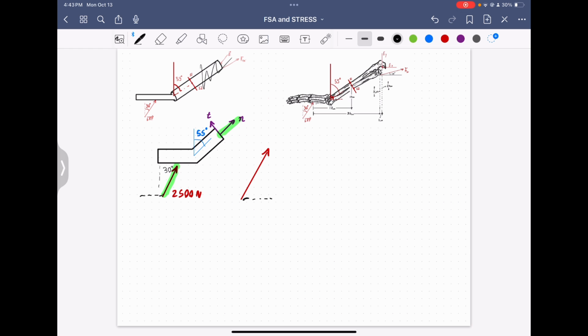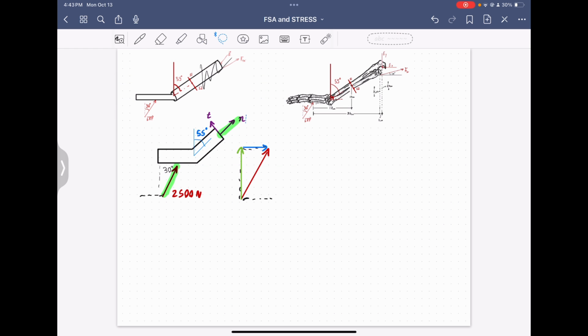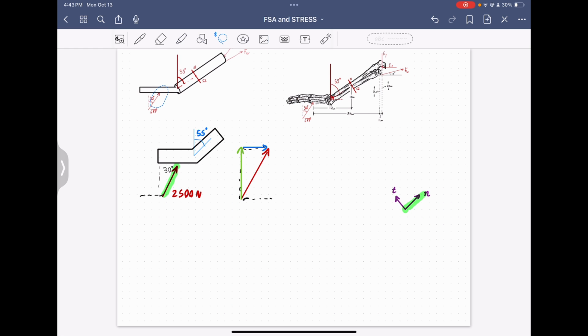Just like we could break it into X and Y, where this is our Y force and this is our X force, we can also break it into our NT side, by aligning these coordinate systems.